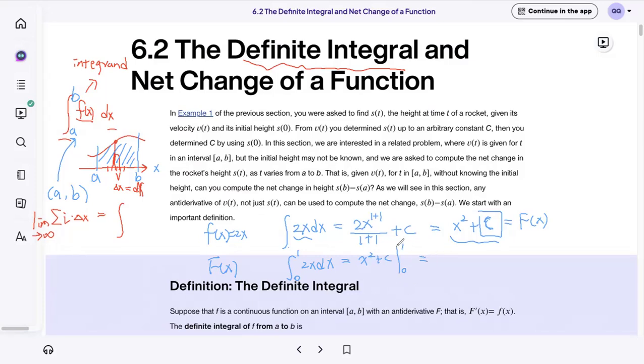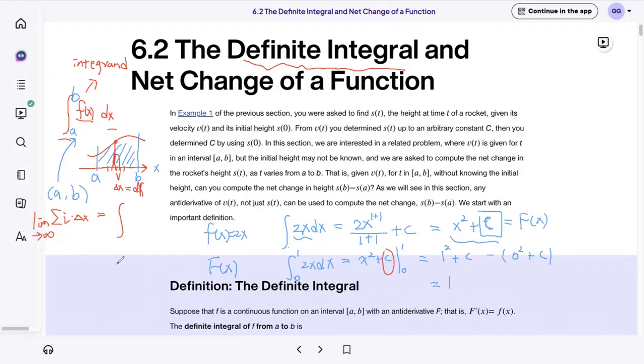To evaluate at 1, we have 1 squared plus c. To evaluate at 0, we have 0 squared plus c. So 1 plus c minus c is just 1. You see c doesn't contribute anything.